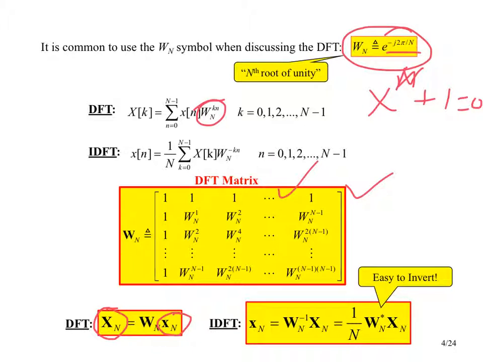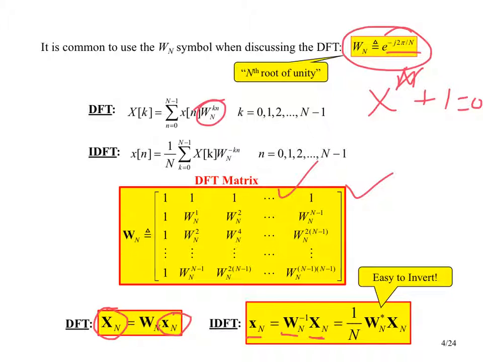Since we have an n by n matrix, and we can actually establish that that matrix is invertible, we can find its inverse. And so the inverse is the matrix that gets us back to where we started. So if we take the inverse matrix, multiply it by the DFT vector, we get back the original signal vector.